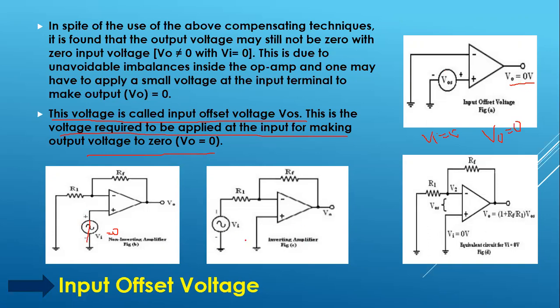And in the inverting amplifier, if VI is equal to 0, we can assume that it is also directly grounded. So if you see both the circuits, the equivalent circuit is shown in figure 4 here. Both look to be the same circuit, whether inverting or non-inverting.